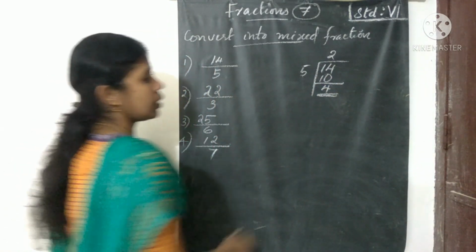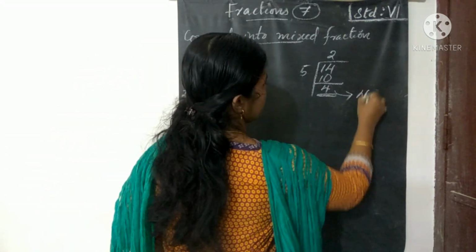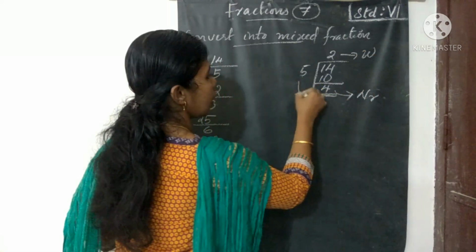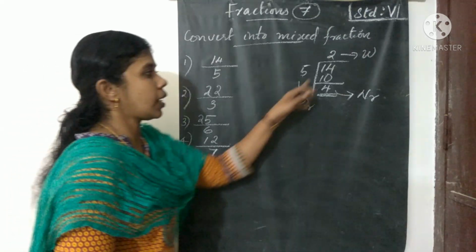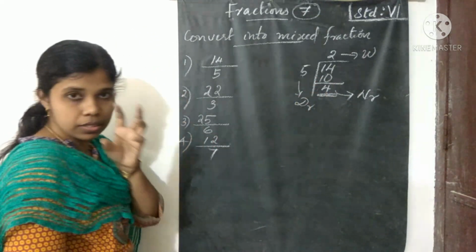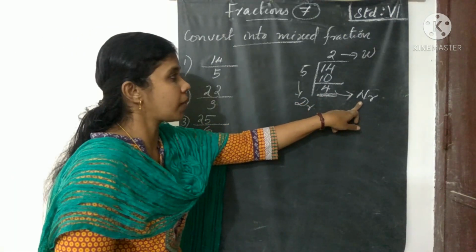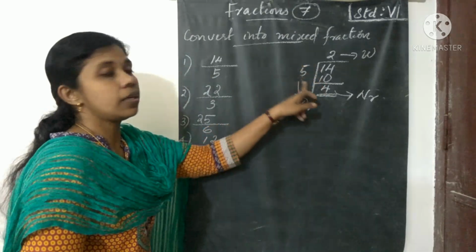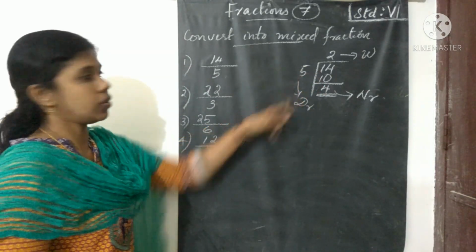4. Here this can be written as the numerator. Then this is the whole number part, and this is the denominator. For division, what do we get? We get the remainder. That remainder is the numerator, our quotient is the whole number part, and the denominator is the same as the divisor.